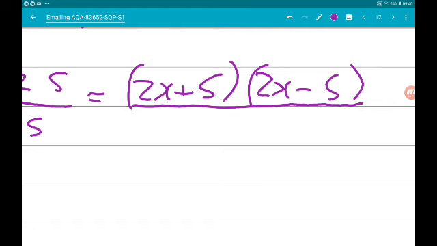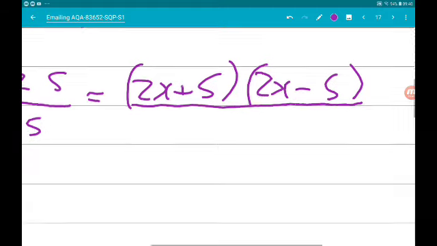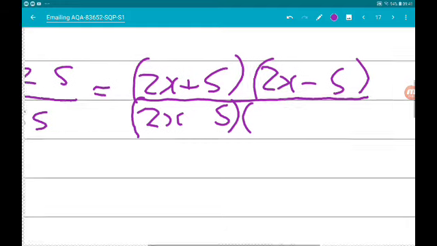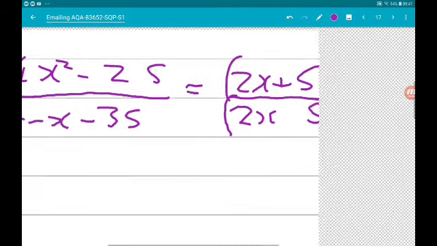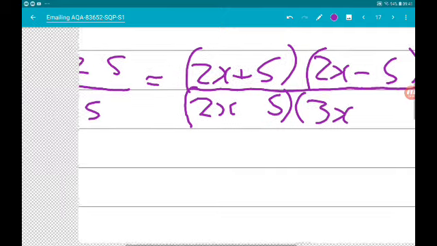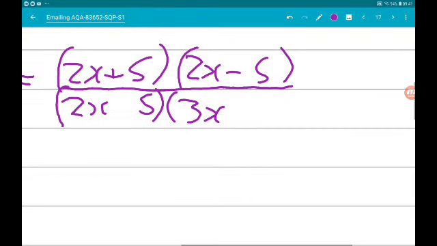Now that allows us to cheat a little bit on the bottom. We know that we are able to write this fraction with a linear expression on top and a linear expression on the bottom. That means then one of the brackets on the bottom has to have a 2x and a 5 in it. Now to get a 6x squared, we know that we're going to need a 3x, and then to get a 35, we're going to need a 7.